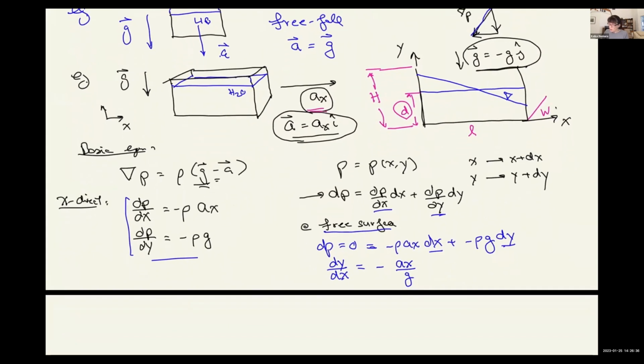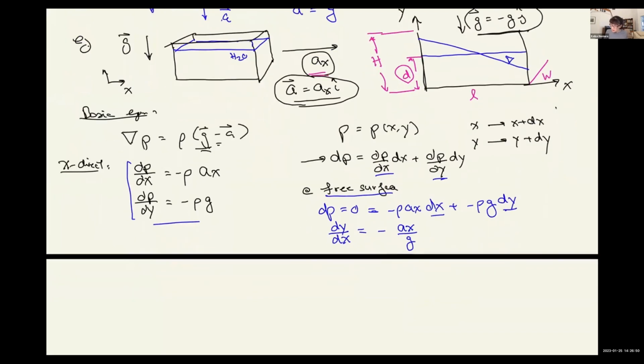And from our geometry here, we can replace the slope here.